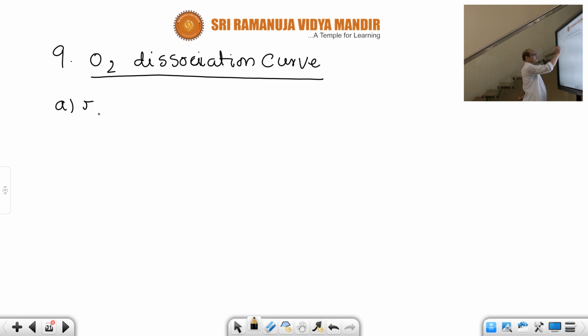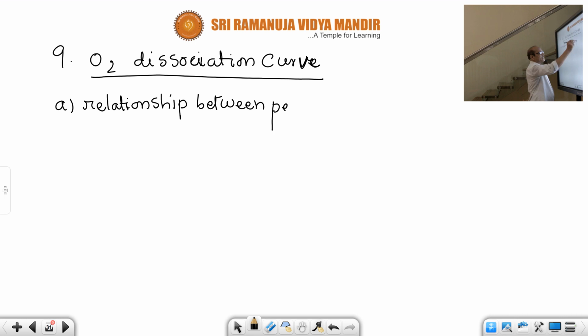Relationship between percentage saturation.